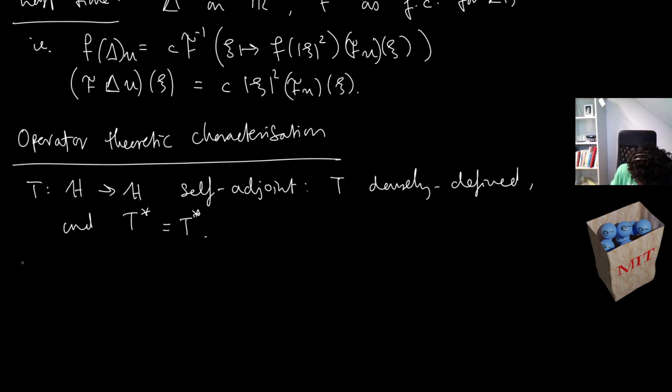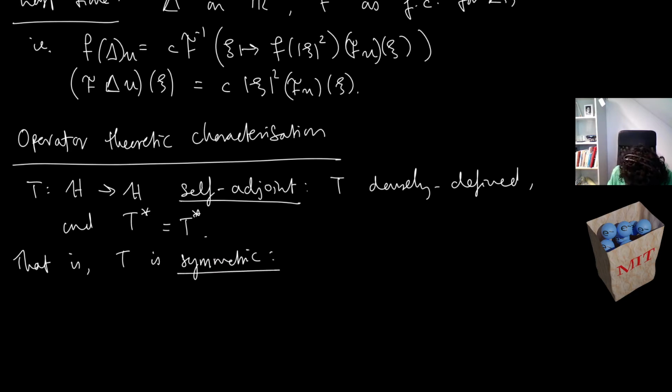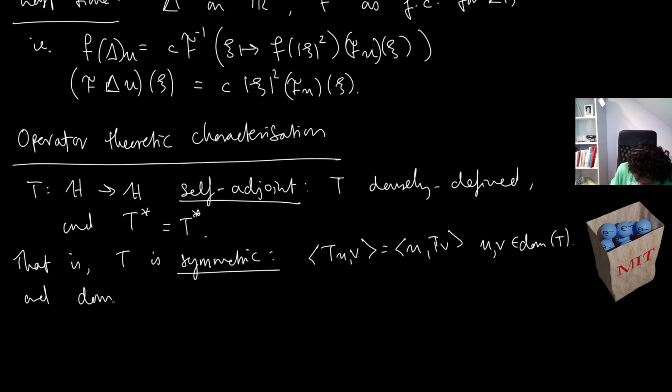Okay, so that is, T is symmetric. Symmetric means that (Tu, v) is equal to (u, Tv) for u, v in the domain of T. And the domain of the adjoint: if you take the L2 adjoint of this operator, it might be a strictly larger operator than T, but it's not.